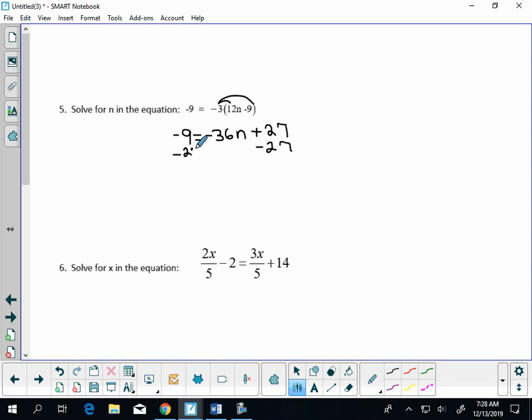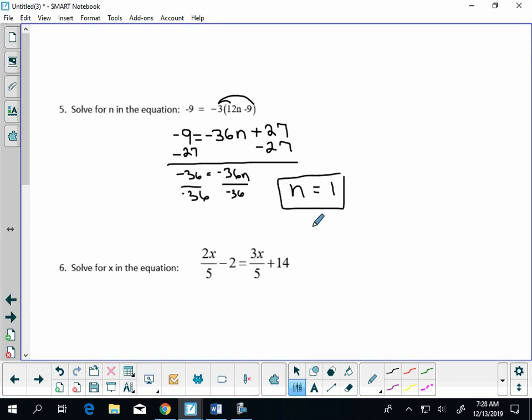Get my numbers on one side, my variables on the other. And I get negative 36 equals negative 36n. Divide both sides by negative 36. N equals 1.